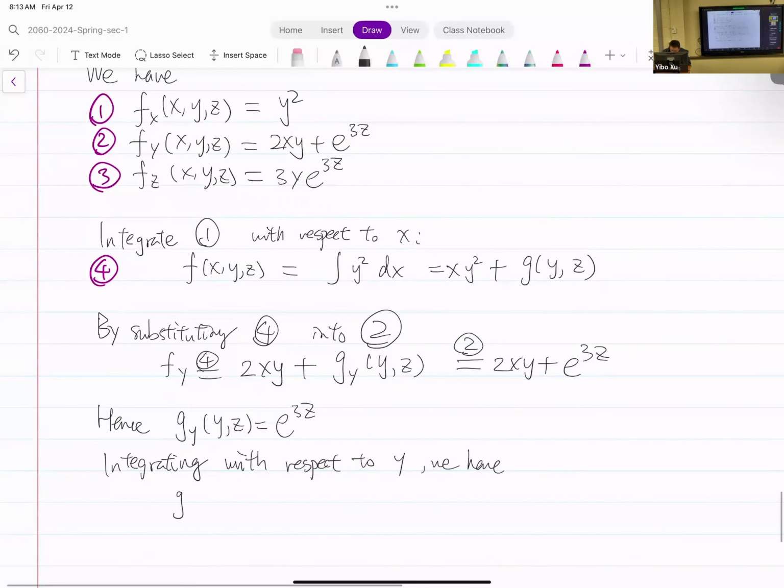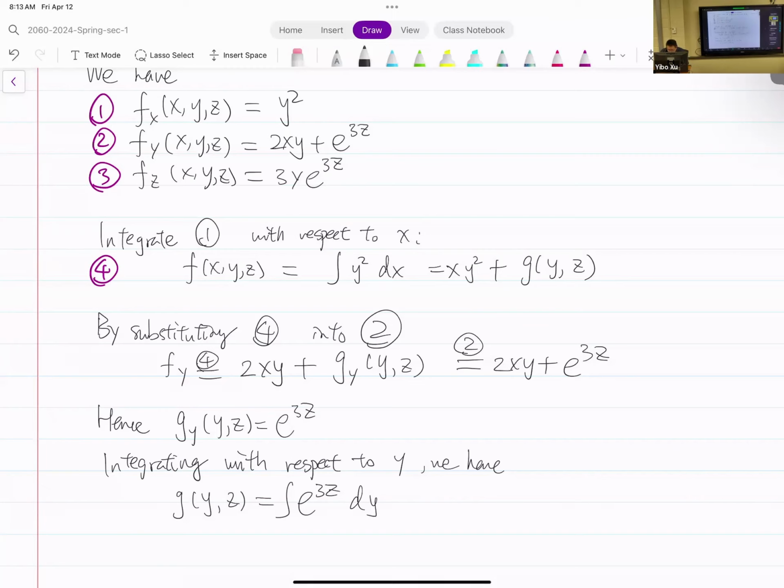So for g of x, y, now we're just doing the integration in terms of y, right? So just do the antiderivative in terms of y. But now notice our function g is in terms of y and z.